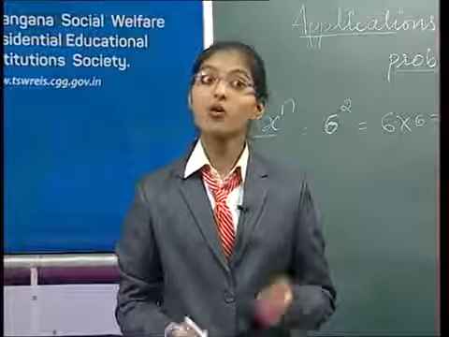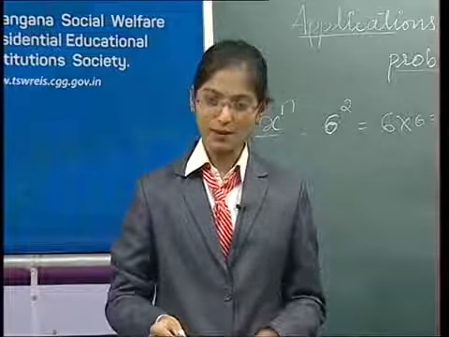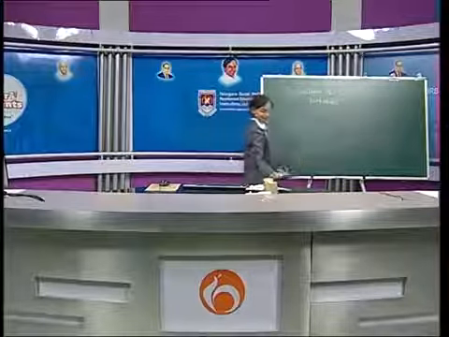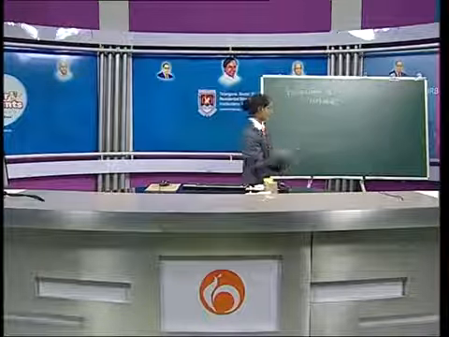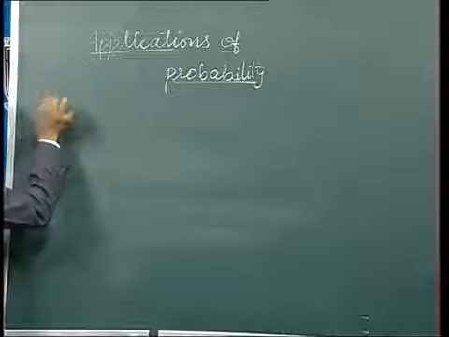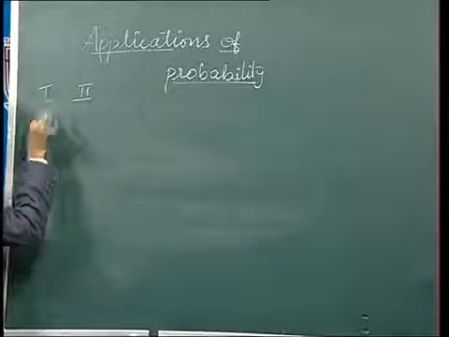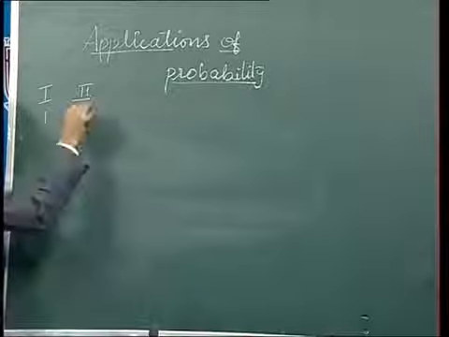Can anyone say how 36 will come? Now I will show you. This is dice 1 and this is dice 2. The first one is 1 and the second dice may be 1.